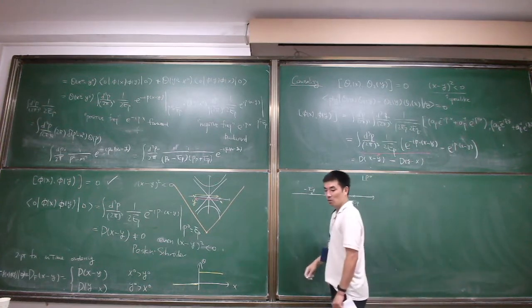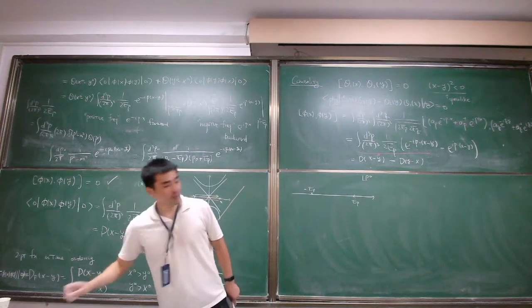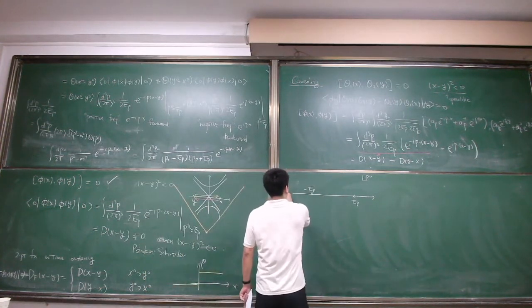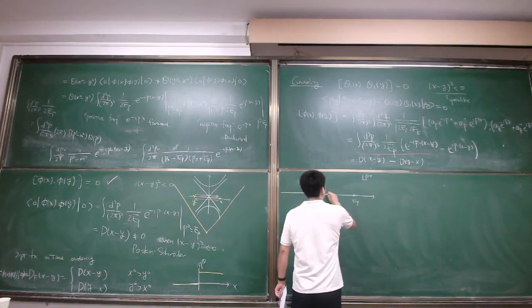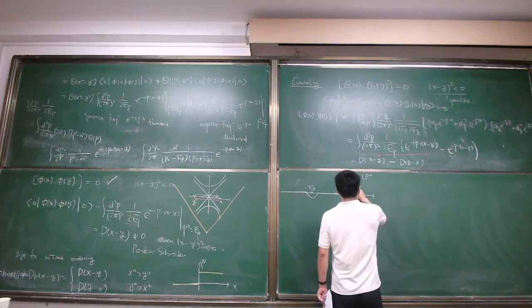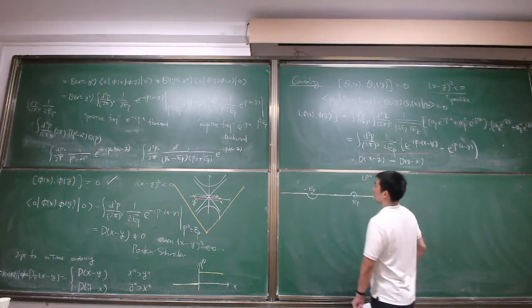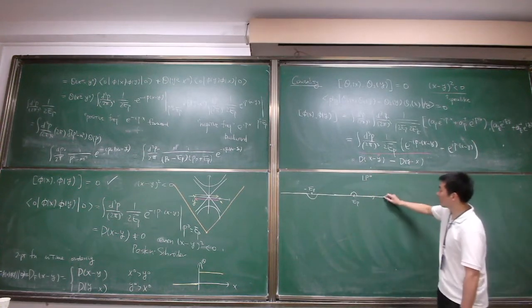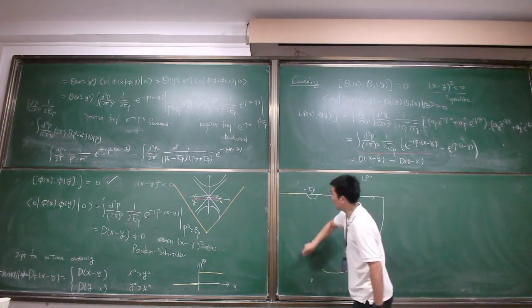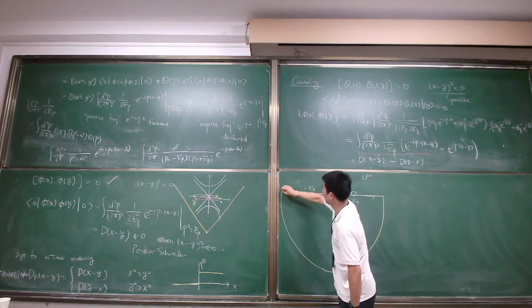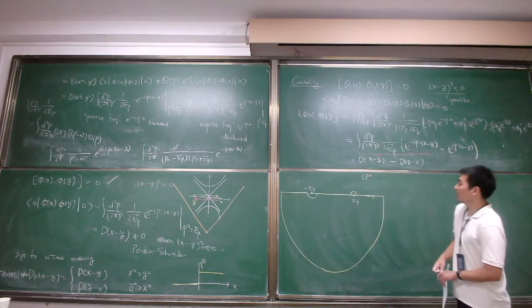So therefore, we just pick the contour something like this way, and then close the contour from the bottom.